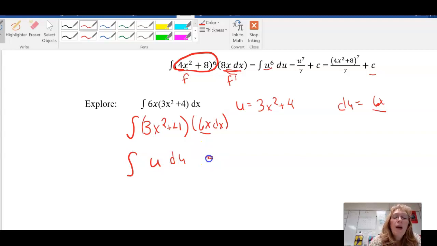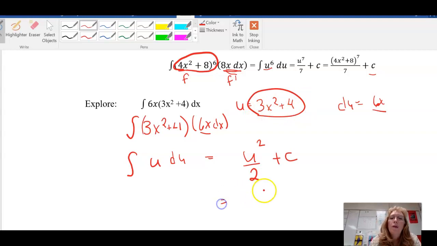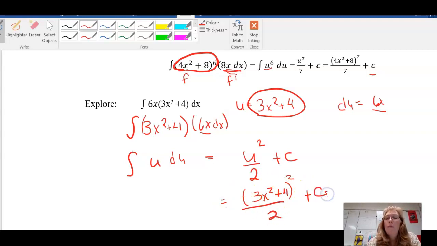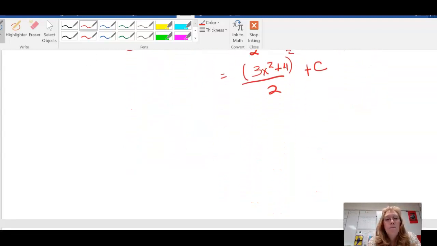So the antiderivative of that is u squared over 2 plus c. And then I need to replace the u with what it's worth. So that's 3x squared plus 4 quantity squared over 2 plus c. And that's the antiderivative using substitution.